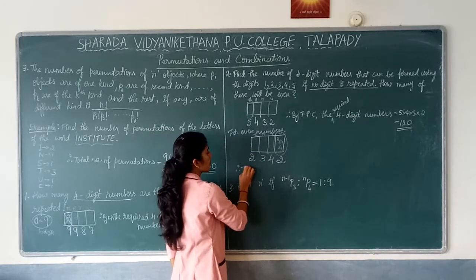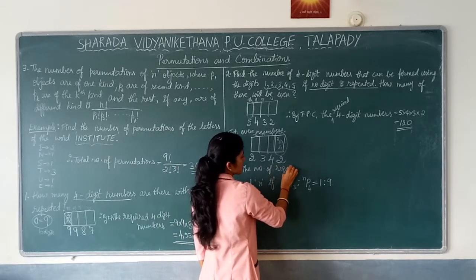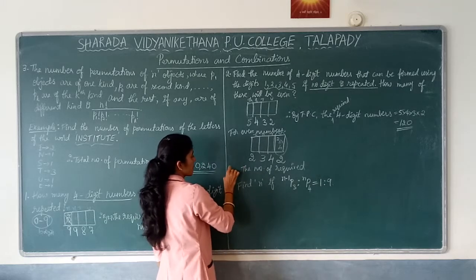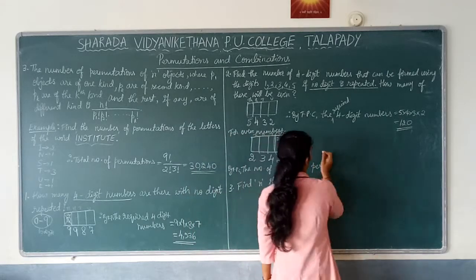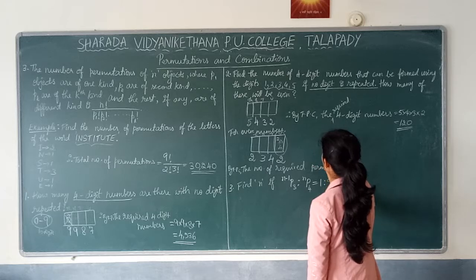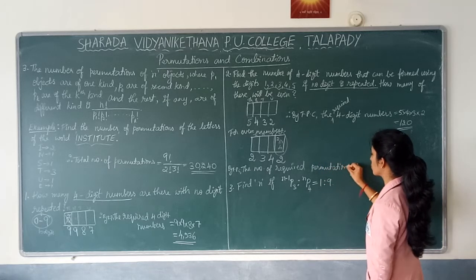Therefore, the number of required permutations using FPC, you can write by FPC, the number of required permutations or required 4-digit numbers is equal to what?